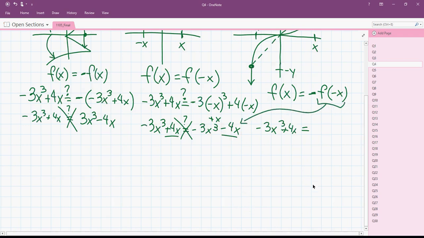And if we negate all of these, we get 3x cubed minus 4x. So now our 4x's match, but now these don't match. So this is also not origin symmetric. So it is not symmetric in any of our standard respects.